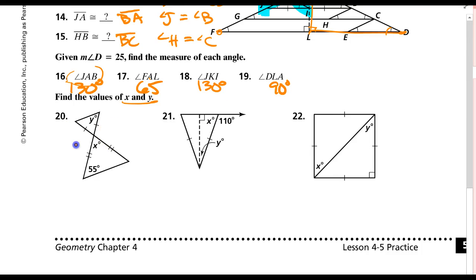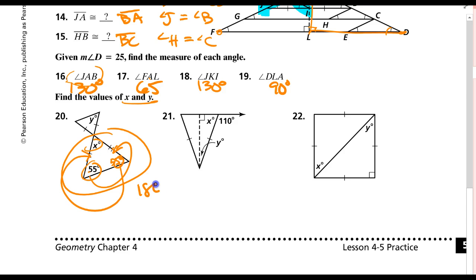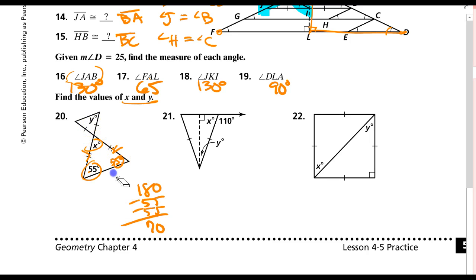Well, let's see. Let's talk about this one, this half of the triangle first. Angles opposite congruent sides are congruent. So this is 55, this is 55, which makes x equal to 70, because I did 180, take away 55, take away 55, and I'm left with 70. So x is 70. Now I get to take that to the next triangle.